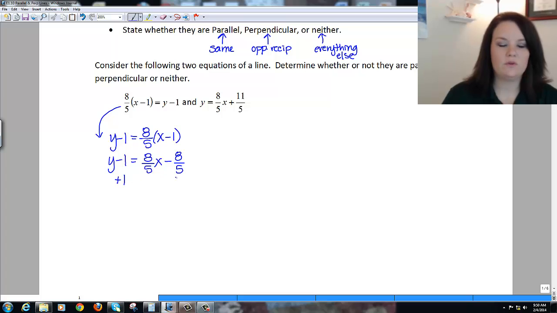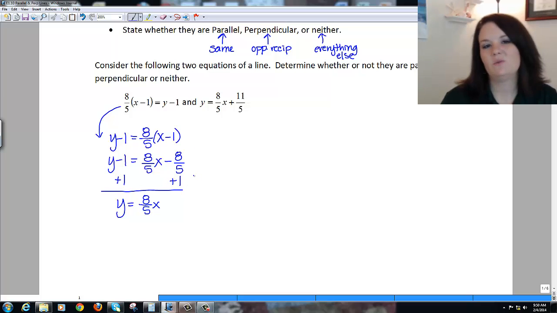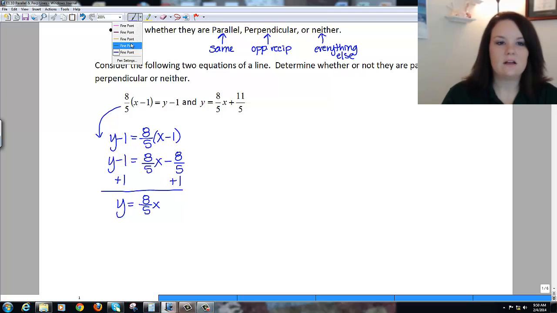And then I'm going to move the 1 over. Now, I'm only looking for the slope of this line, so I don't actually need to combine my two constant terms, because I don't really care what the equation is. I only care about my slope. But for the sake of getting some practice, I'll go ahead and combine them. Okay, I need a common denominator here in order to combine negative 8/5 and 1, which I can write as 1 over 1.